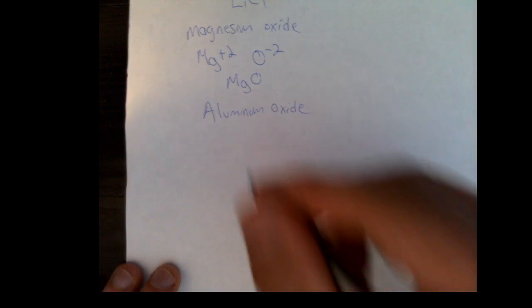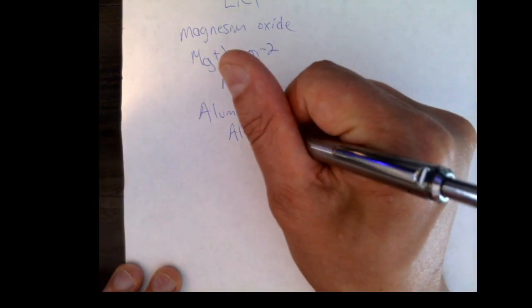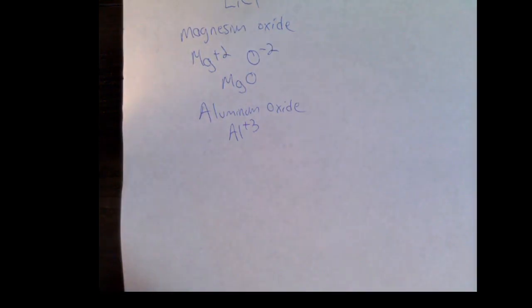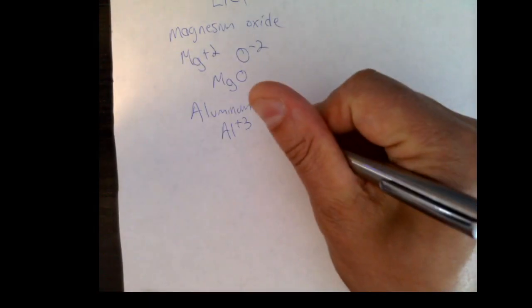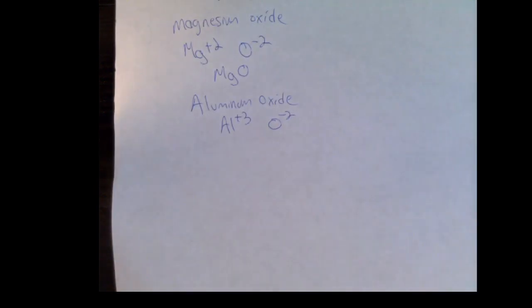So, aluminum, we anticipate a +3 ion because the electron configuration ends in 3p1, so it's going to be more likely to ionize by giving up 3 electrons instead of gaining. Oxygen we talked about already, -2 ion there. I try to ask my students, what number do 2 and 3 both go into?